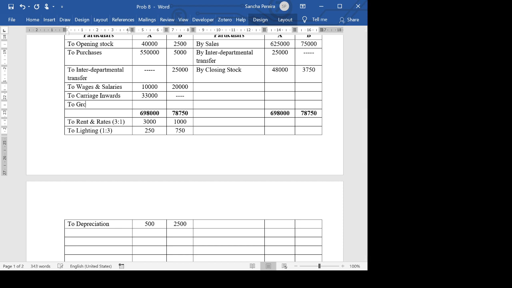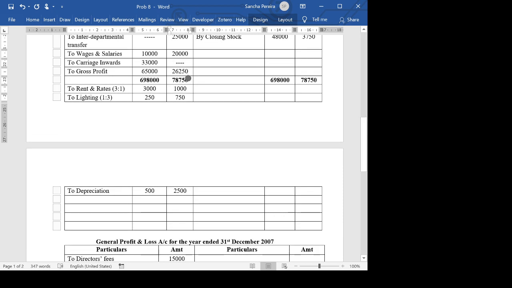To gross profit, the amount for department A is 65,000 and for B it is 26,250. Bring down the gross profit accordingly. So to gross profit carried down, and then by gross profit brought down, 65,000 and 26,250.